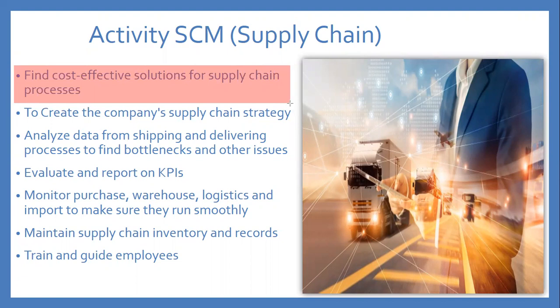For that, we take rates from different suppliers, and on the best pricing and best rate, we get the rates approved by management and place the order at the efficient rate which is best for the company. So this is the cost effective solution. Try to find out reducing cost and an efficient transporter.